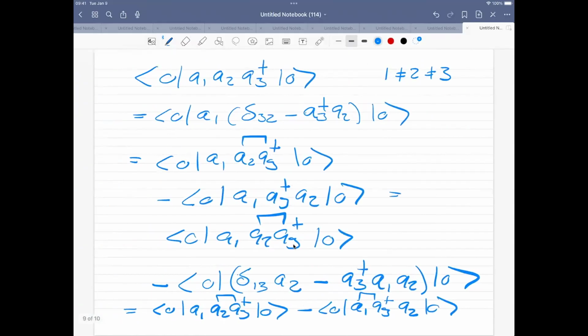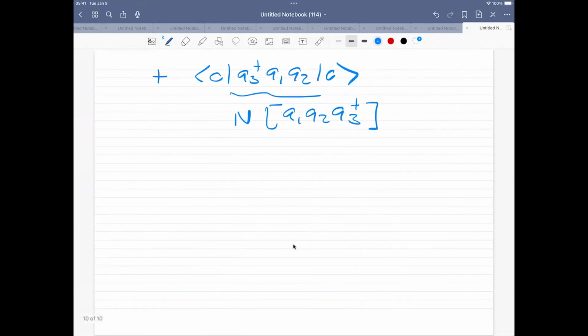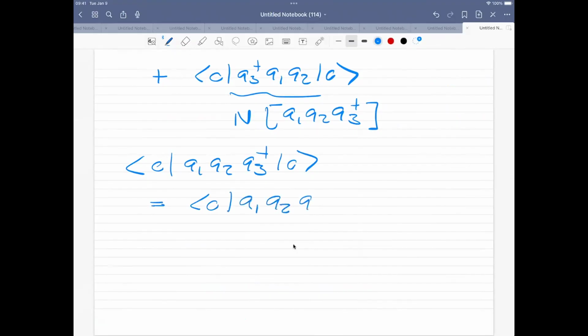If we now look back at the two first terms, these can be rewritten in the following way. So I have <0|A1 A2 A3† acting on |0>, and this is going to be equal to <0|A1 A2 A3†|0>, this.